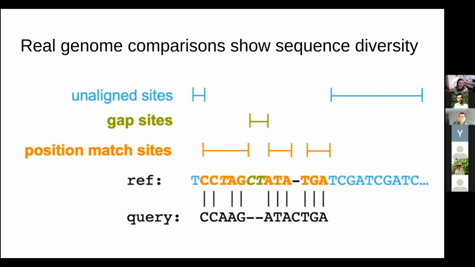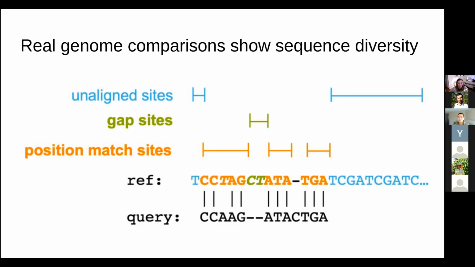Everything we're talking about is relative to the reference. We can assign sites to position match sites, these orange sites, when a nucleotide is aligned to another nucleotide. These can be sites where the nucleotide is identical between the reference and query, like these first two cytosines. It can also be a position where there's a mismatch between the reference and query.